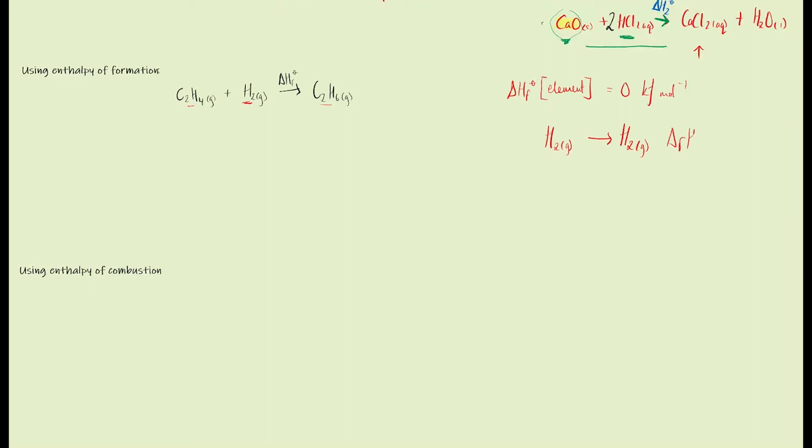So always keep that in mind. I can actually ignore hydrogen over here because I know it's 0, but we'll input it into the arrow when we construct this cycle.